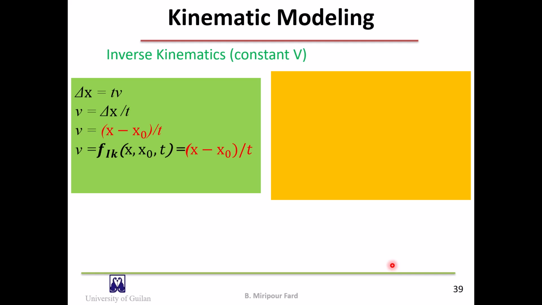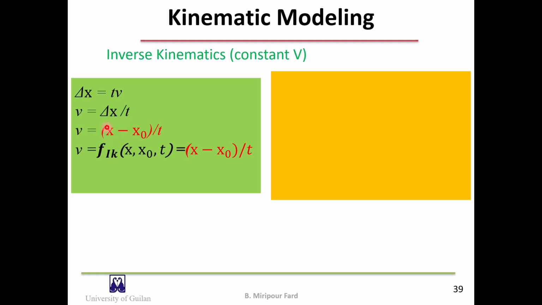So if IK is a mapping that takes a pose as an input and specifies action as output, you can see that here.